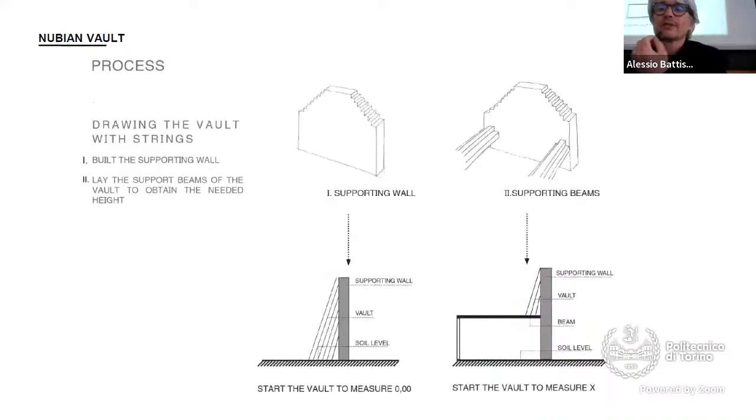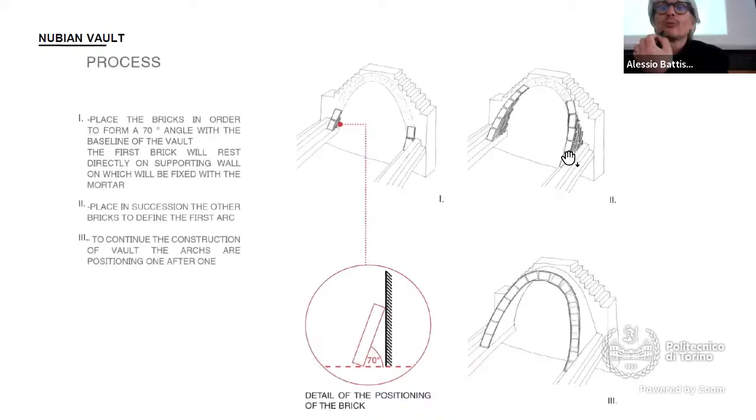This is a Nubian vault. As I said, you don't really need structure to support the vault, but you have to place it properly, brick by brick, and that allows you not to use any structure. The point is that we don't have a lot of material, we don't have any wood or metal.